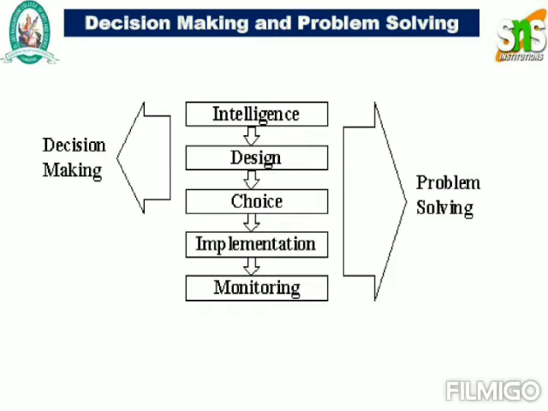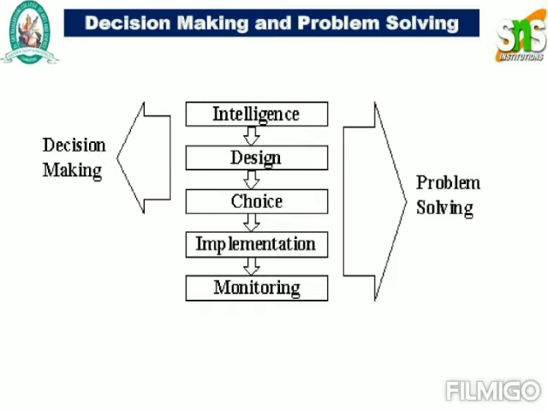Here, decision making begins with intelligence, that is the knowledge or in-depth idea about the particular problem. Based upon the intelligence, you have to frame certain strategies and design your system.